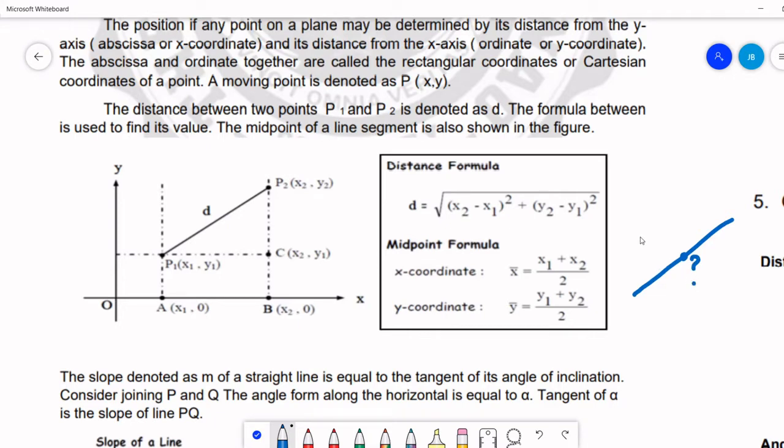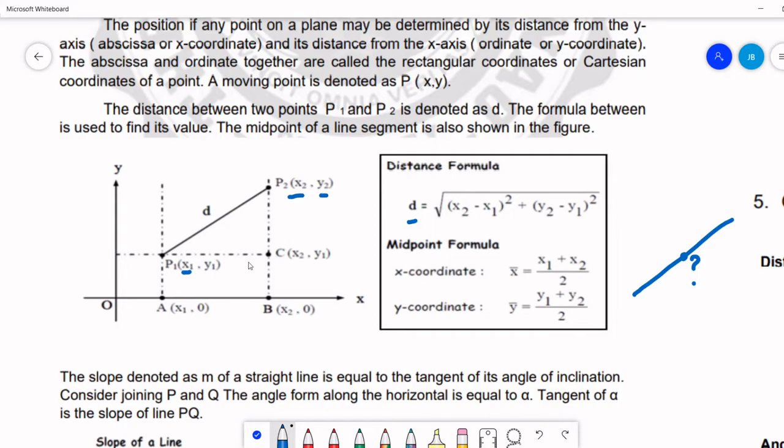So by using the Pythagorean theorem, we have arrived at a distance formula in which d is equal to the square root of x sub 2 minus x sub 1 squared, plus the y sub 2 minus y sub 1 squared.